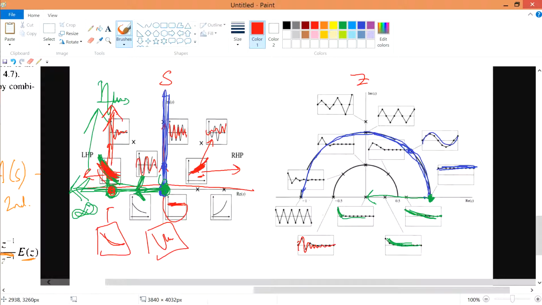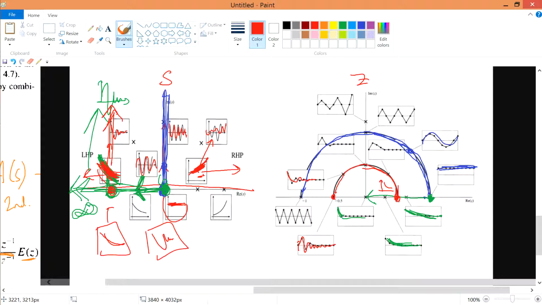At this point, it is less oscillatory, as you can see, because it's going from this side to this side. So at this point, this is simply something like this.